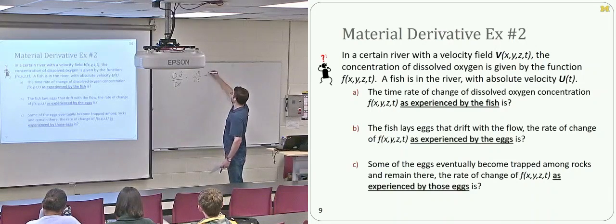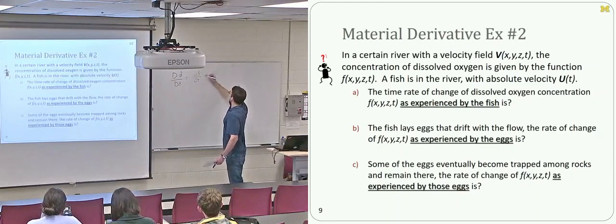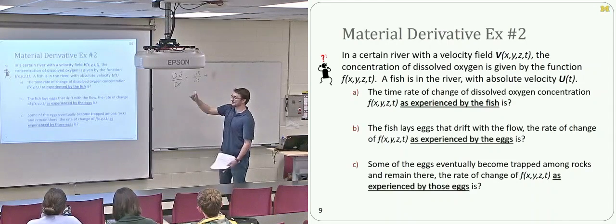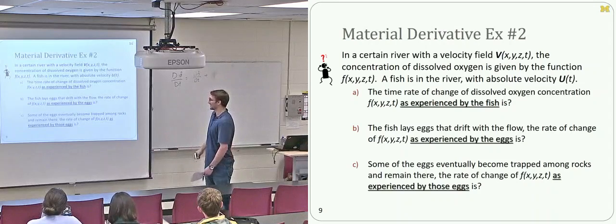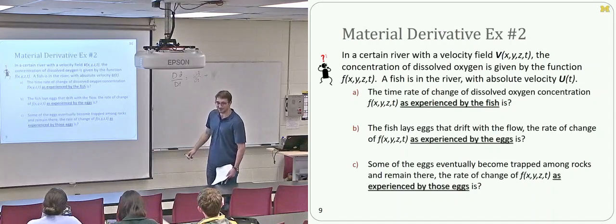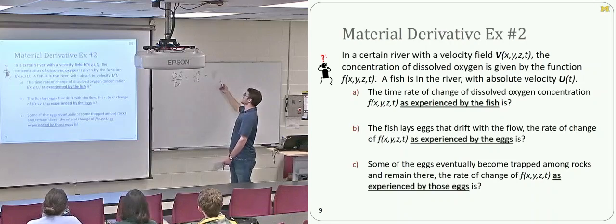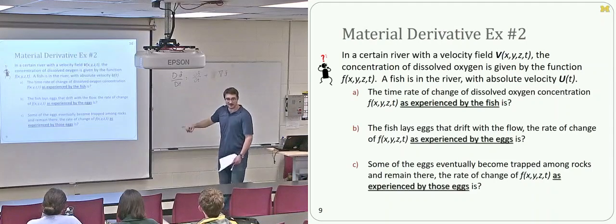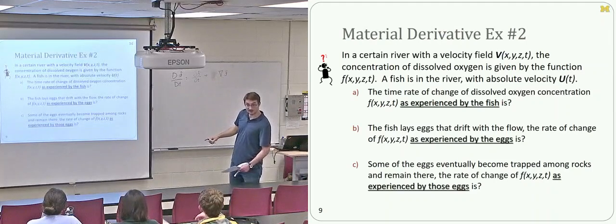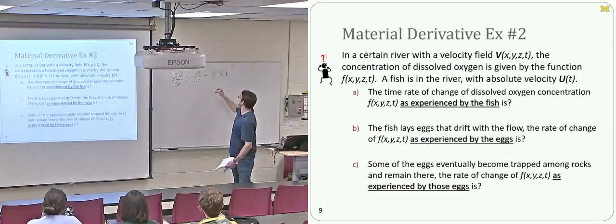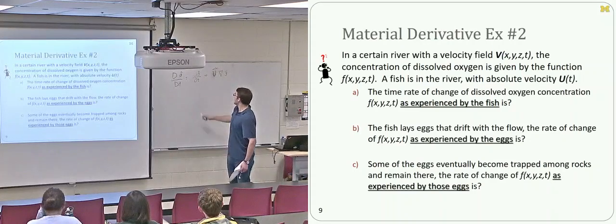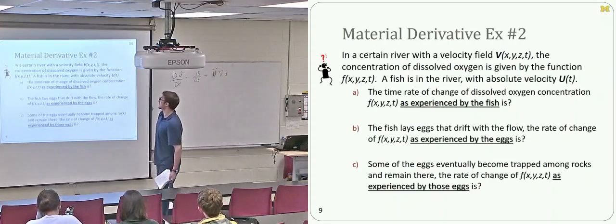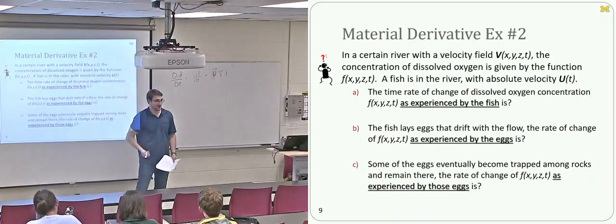Plus, well, let's let you work on the convective term. We know we have a velocity, a gradient, and an f. Yeah, so we're going to have an f, but what do you think we use for the velocity here? U of t. Yeah. Why doesn't the velocity field of the river come into play?